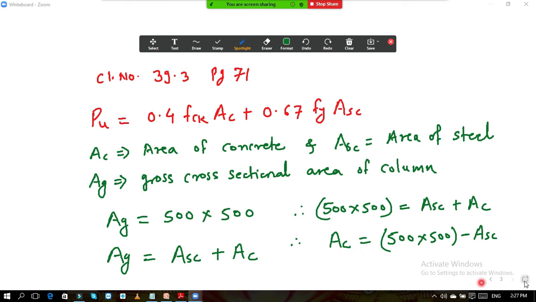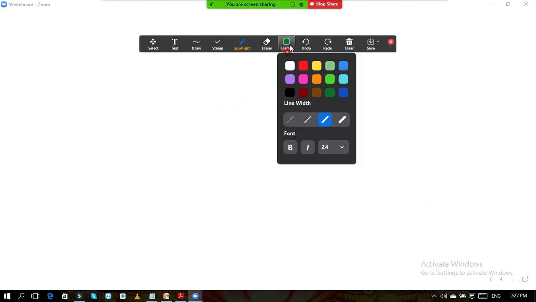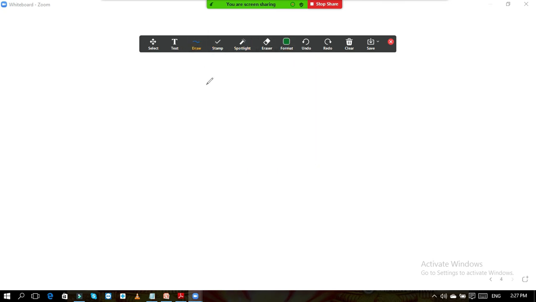So if you solve this equation, then you will get the value of area of steel. So next, here PU is 3000 into 10 raised to 3 Newton, which is equal to 0.4. FCK is 20 into AC.